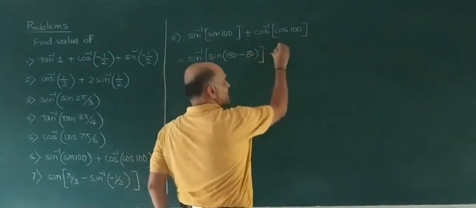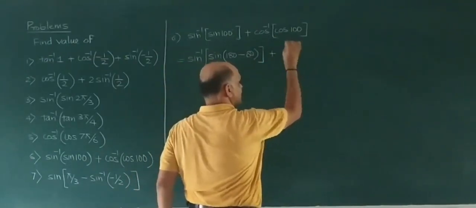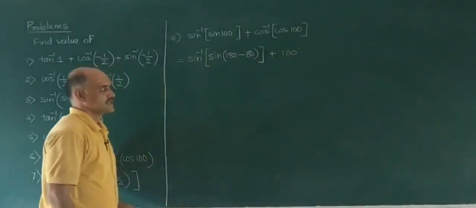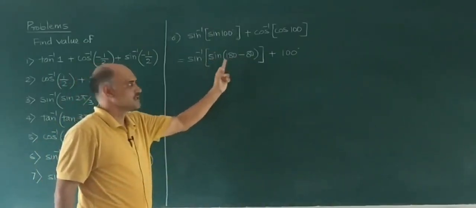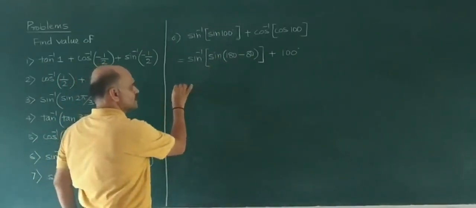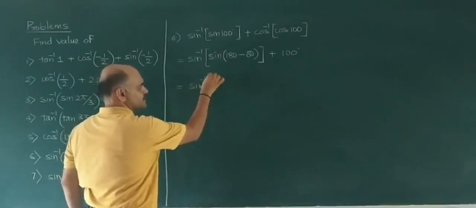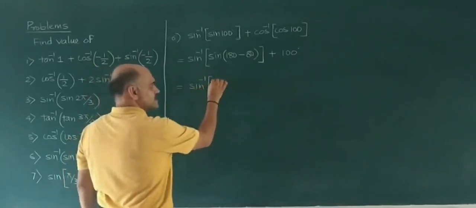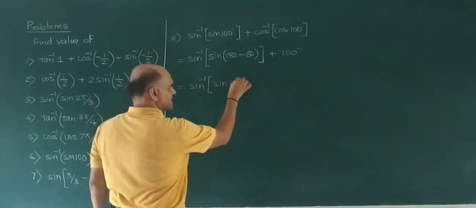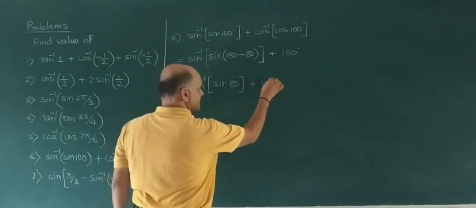So directly you can cancel, and this will be 100. Now sine of 180 minus theta is in the second quadrant, and in the second quadrant sine is positive. So I can write sine of 180 minus theta as sine theta. So sine inverse of sine 80, plus 100 degree.